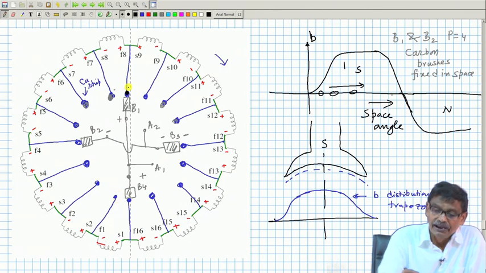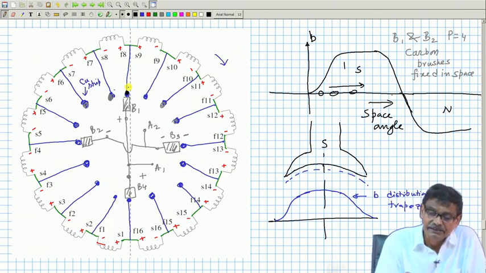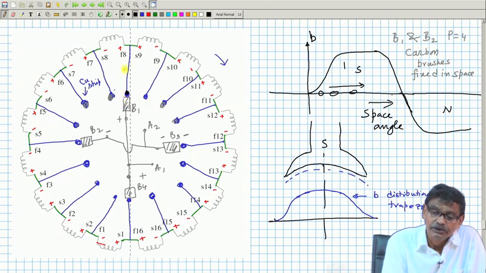If you join like that, you can easily see, if you start from B1, you traverse 4 coils and you come to minus. Okay. So, between positive and negative brush, this is one parallel path. You could reach the negative terminal because negatives are shorted also. So, from B1 another 4 coils and you reach the negative terminal. So, second parallel path.